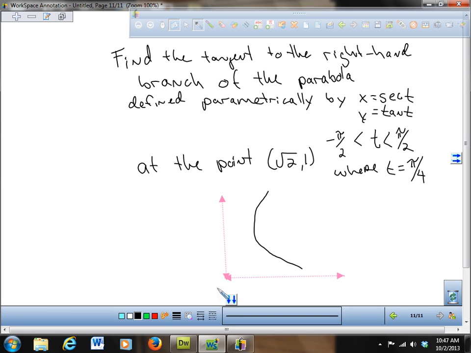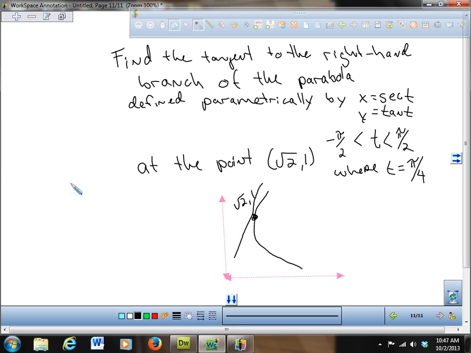Kyle, you should pay attention. So all you have to do here is find the tangent line. There's a point on here, root of 2 comma 1. You want to find the tangent line at that point.